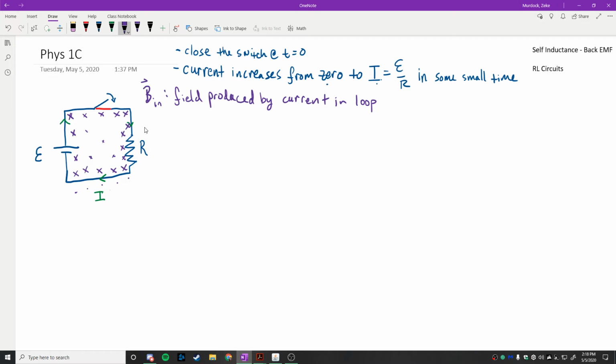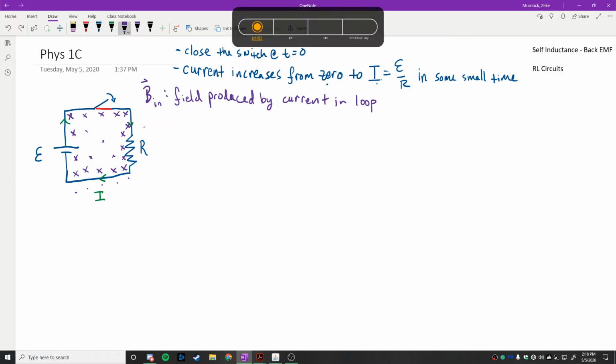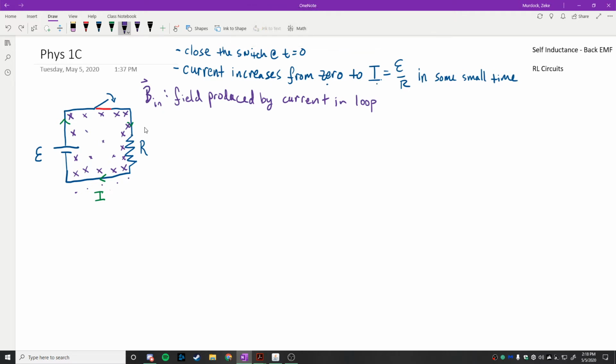There's a magnetic field that's produced by that current, right? But what effect does this magnetic field have on the loop, from what we've learned over the last 2 weeks? It induces a current, right? And why does it do that?